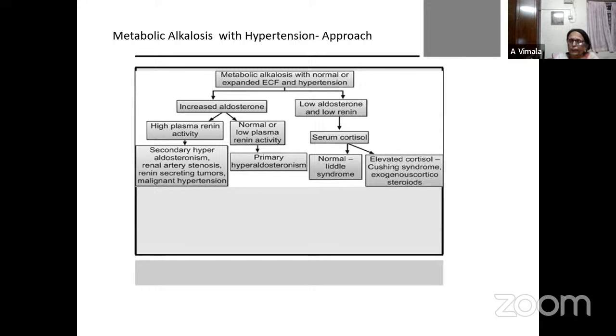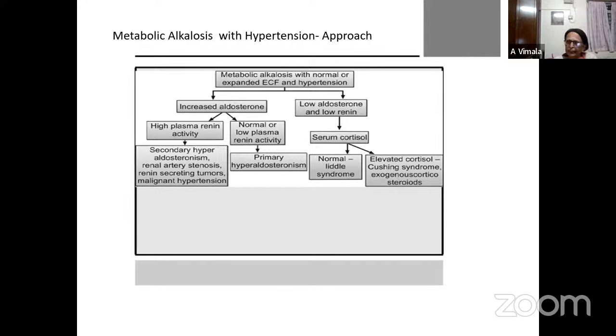So it's very important to recognize aldosterone producing tumors or adrenal cortex problems in a patient who presents with metabolic alkalosis and hypertension. On the other hand, if the patient has a low aldosterone and a low renin, the next thing you have to look at is cortisol. If the cortisol is elevated, we know that the adrenal cortex is again the culprit.